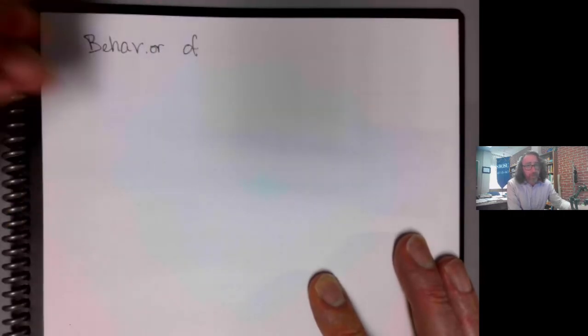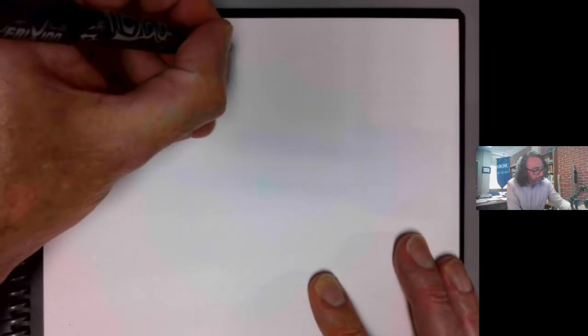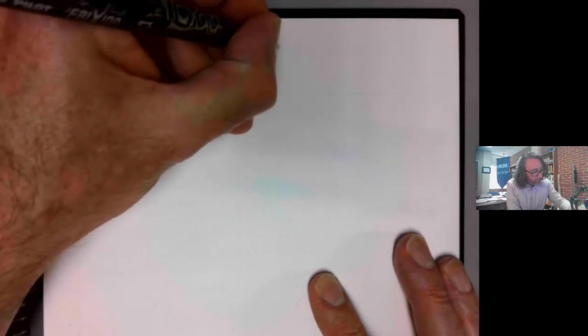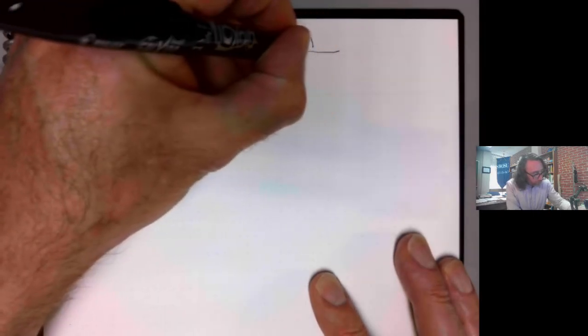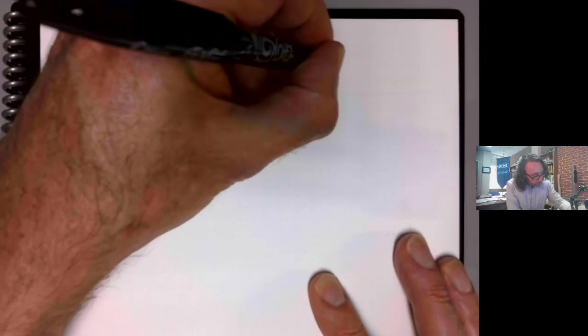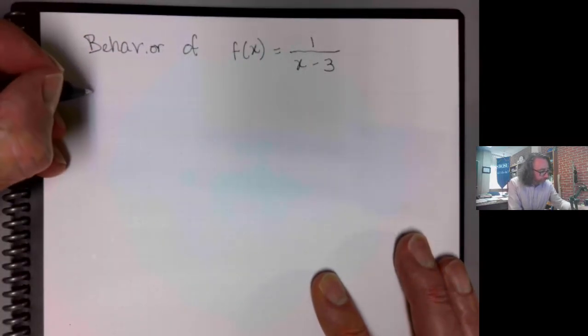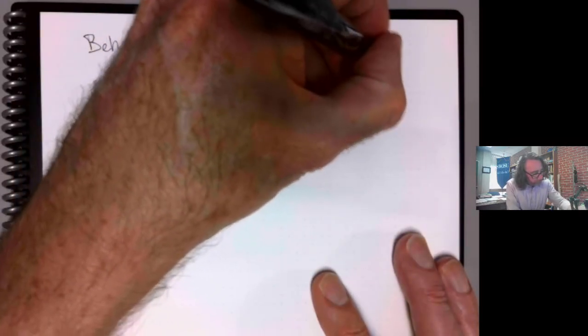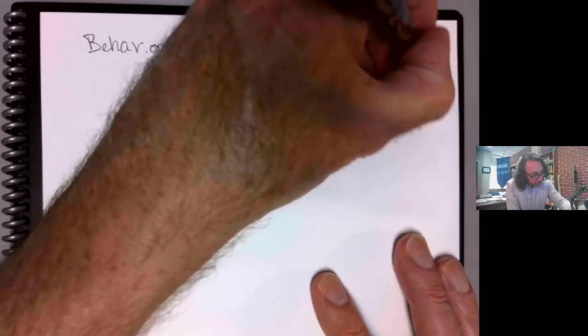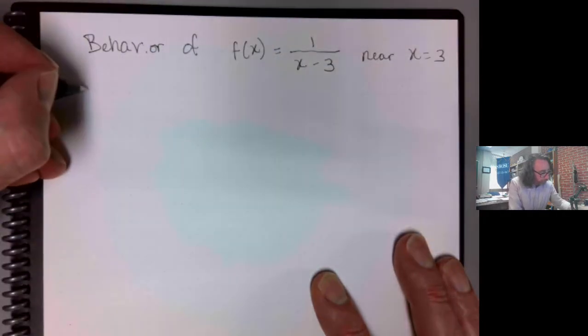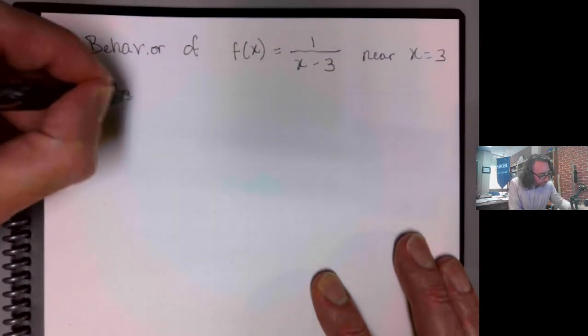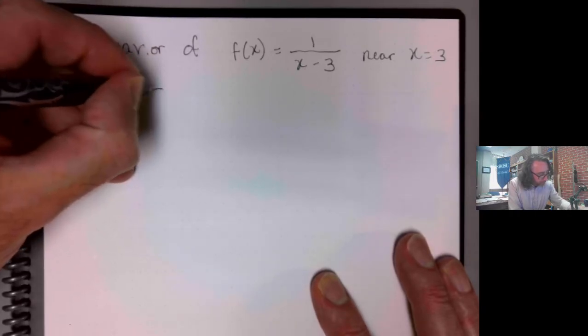So we're going to examine the behavior of this function, f of x equals 1 over x minus 3 near x equals 3. And we'll make a quick note here.